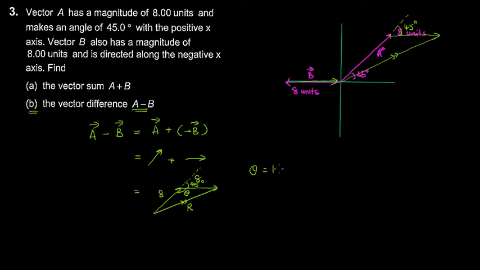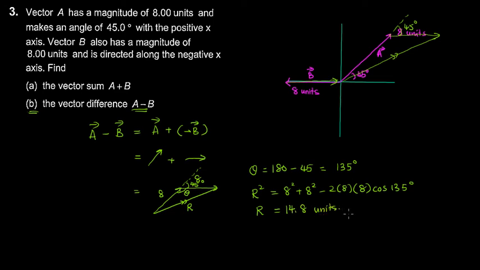In this case, theta must be 180 minus 45, which is 135 degrees. So let's do a simple calculation using the cosine rule. R squared equals 8 squared plus 8 squared minus 2 times 8 times 8 cosine 135. We shall get r equals 14.8 units.